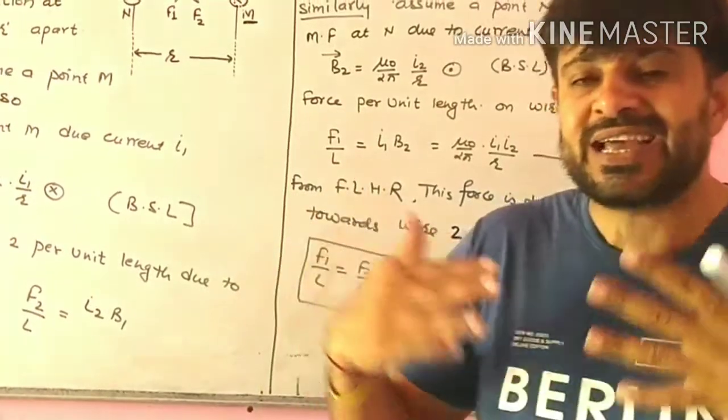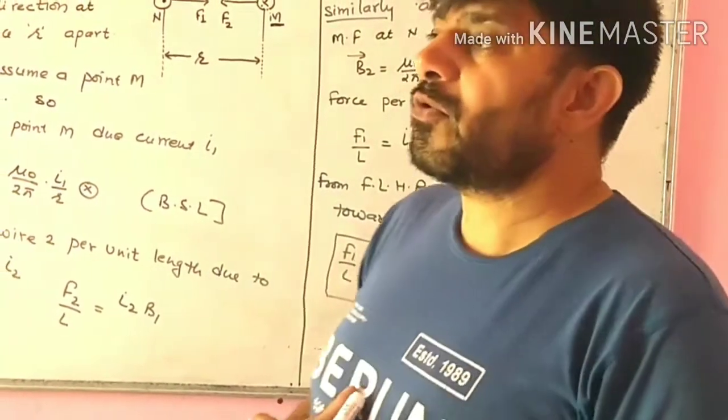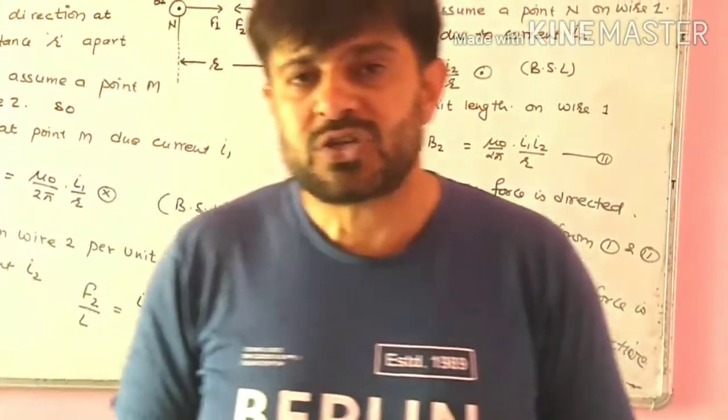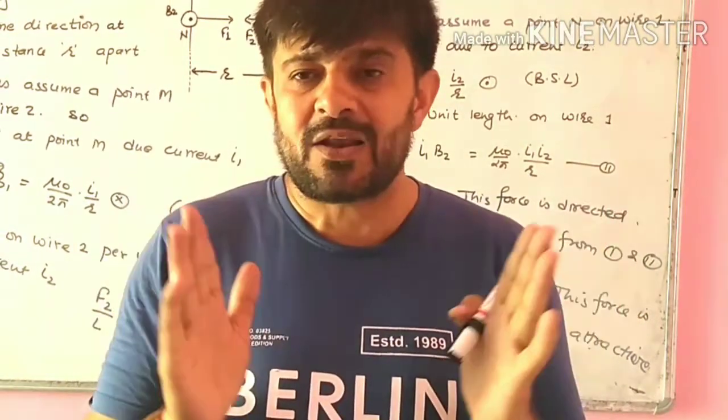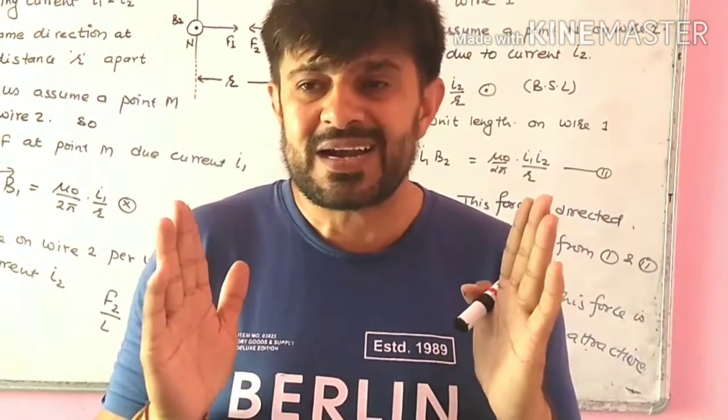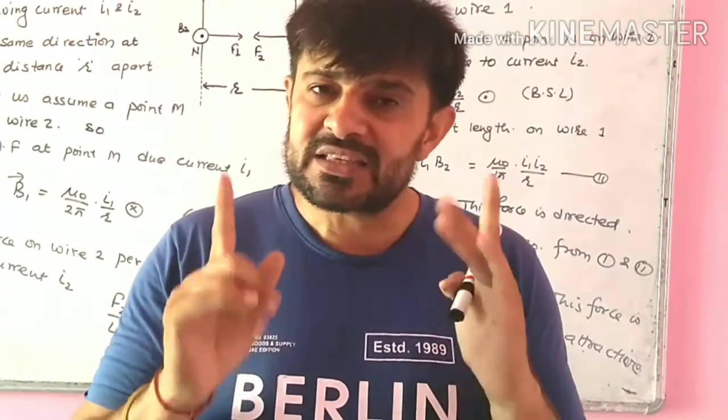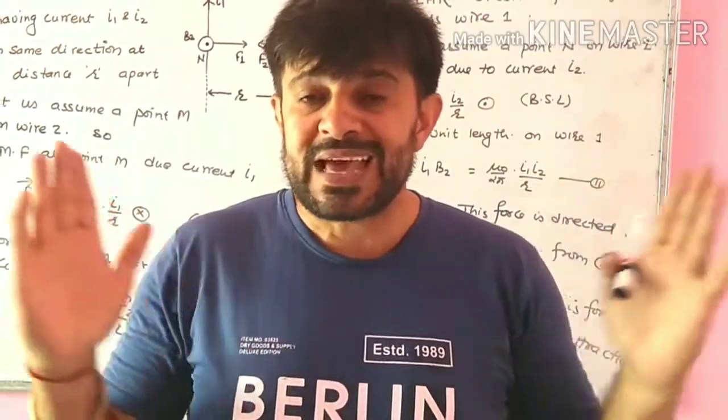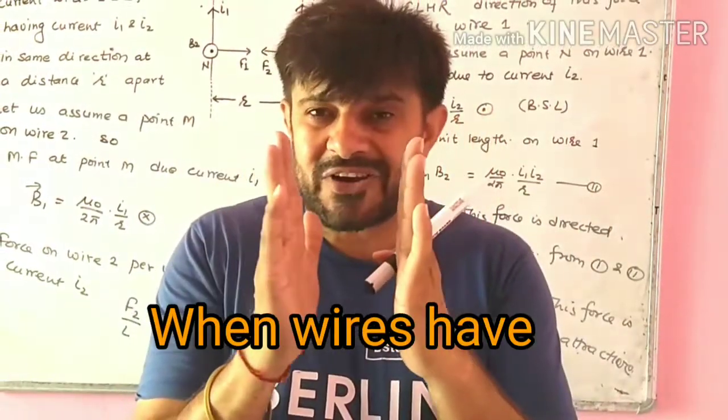So there is a very simple question: what happens to the two parallel wires when similar current is flown, means current in the same direction is flown through them? Then both the wires get attracted towards each other.